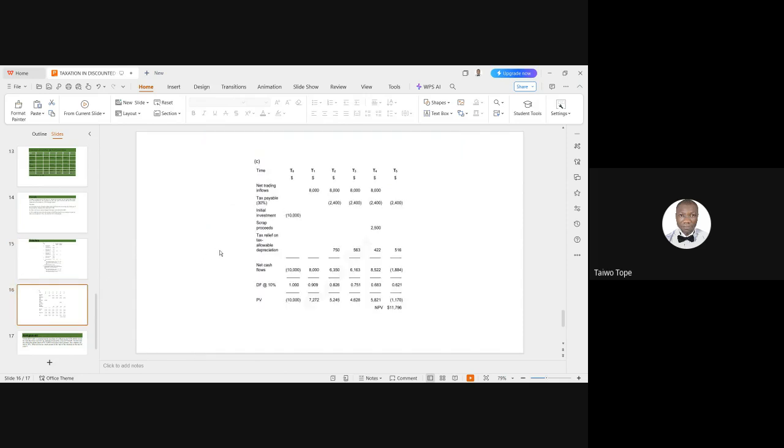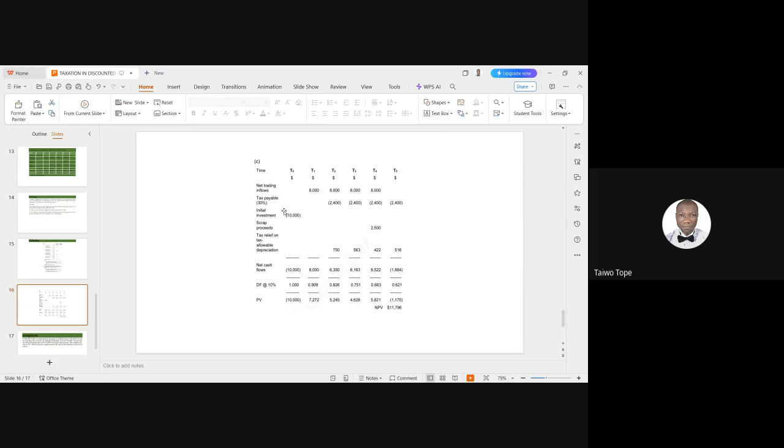But based on the fact that tax will be paid in arrears, to span for what? 5 years. We have a 5-year period. So the net trading inflows of 8,000 per annum for year 1, year 2, year 3, and year 4.